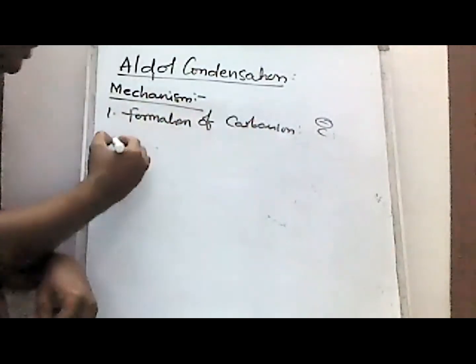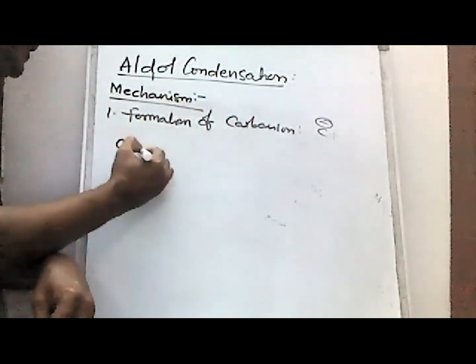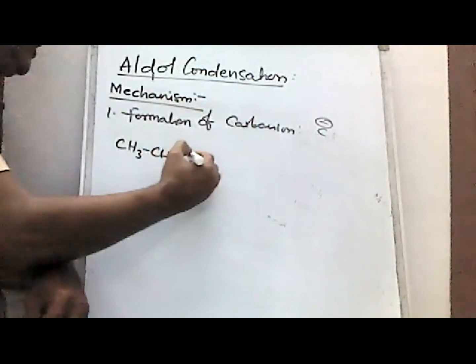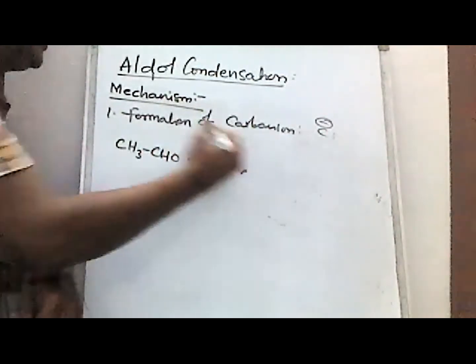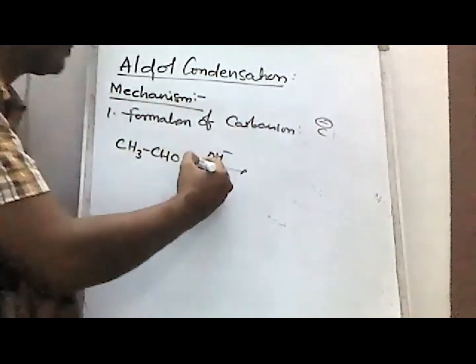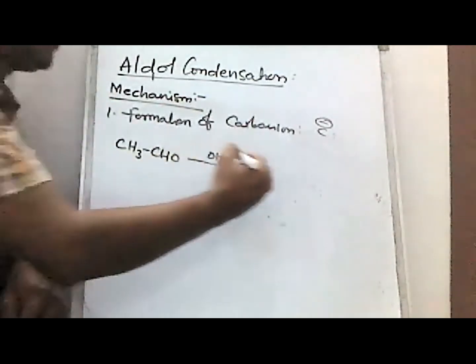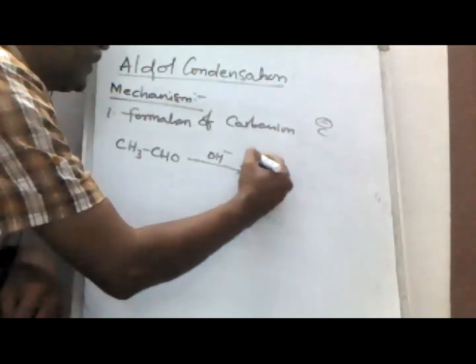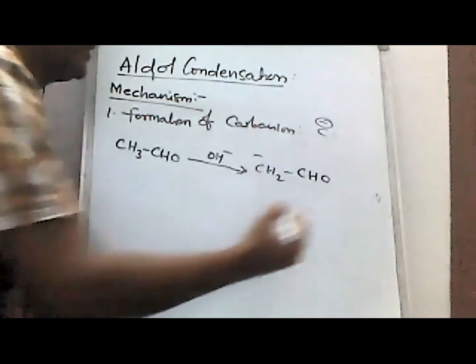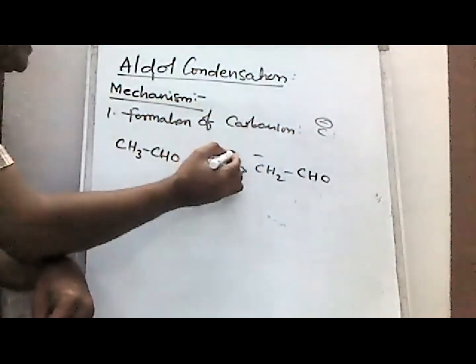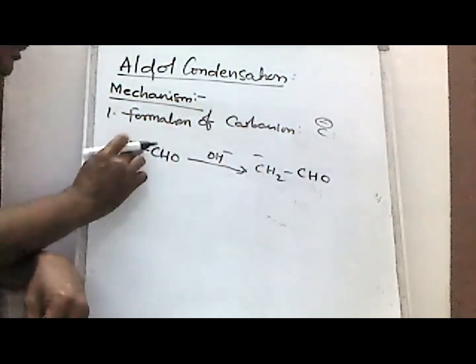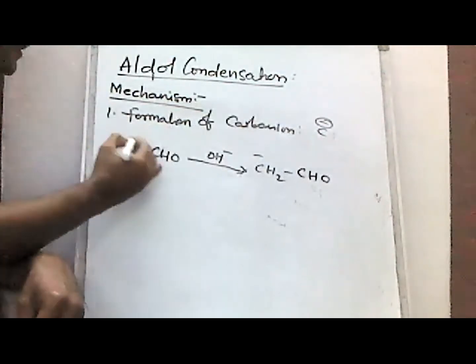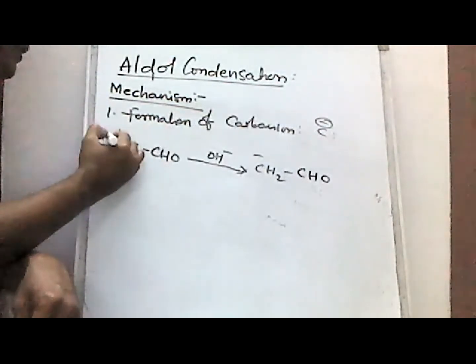In the first step, one aldehyde molecule loses its alpha hydrogen and forms a carbanion like this. You see, this OH minus attacks the H, here CH3 like this.